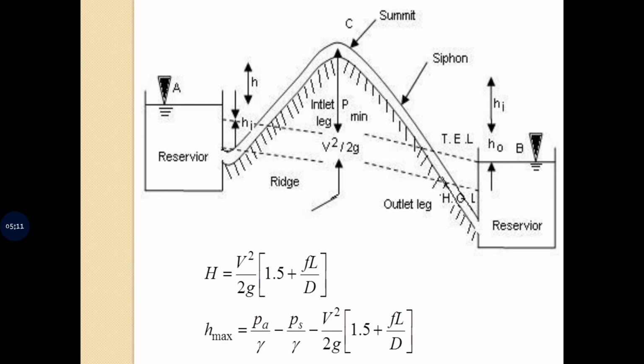So from this equation we can determine the maximum pressure head at C, that is PS by gamma, where H max is nothing but the height of the summit above the surface of the higher level reservoir. So the height between the reservoir level and the summit is the H max.